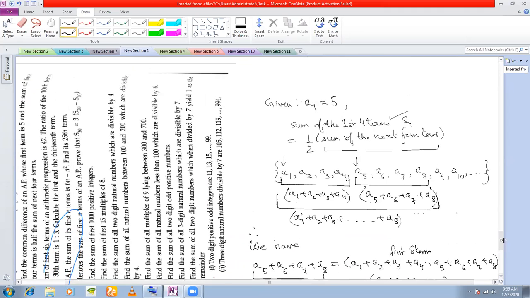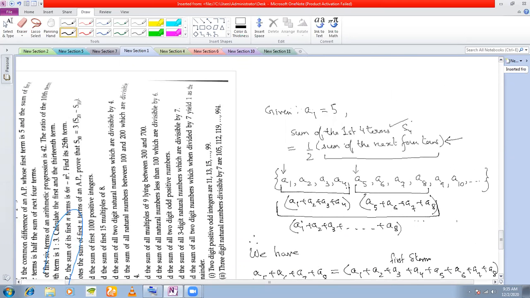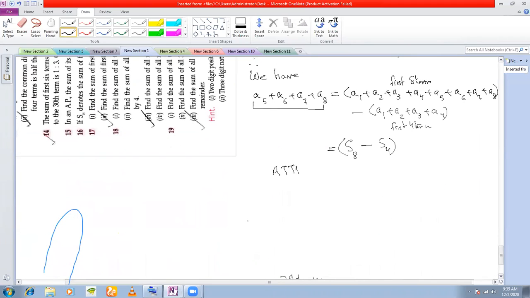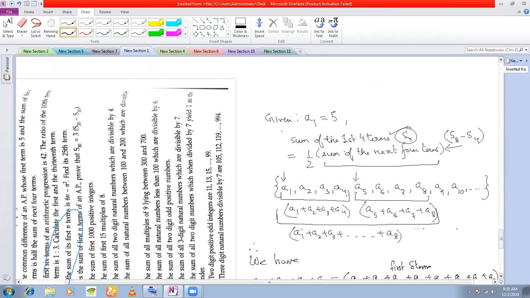So what is the value of this here? This was S4, we found out, and the value of the next four terms is S8 minus S4. According to the problem, the sum of the first four terms is half the sum of the next four terms.